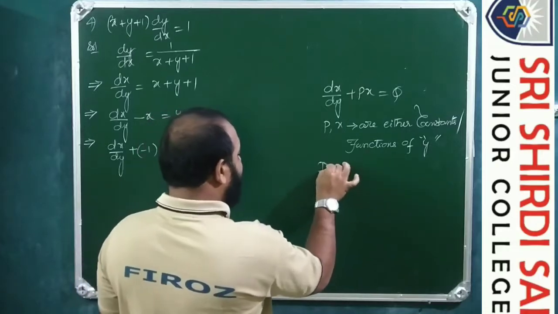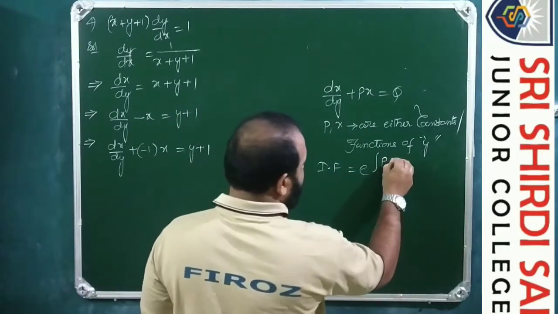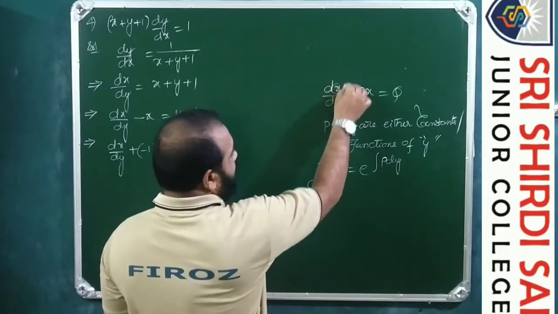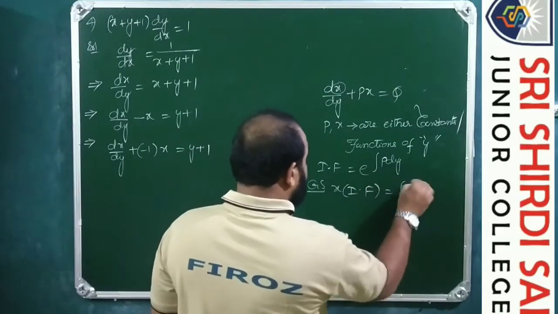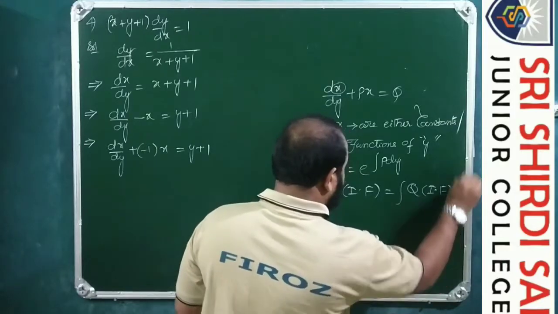So the integral factor here is e power integral p dy, and the general solution is x into integral factor is equals to integral q into integral factor into dy.